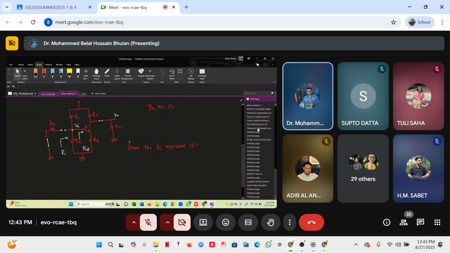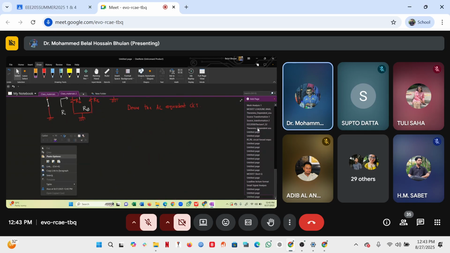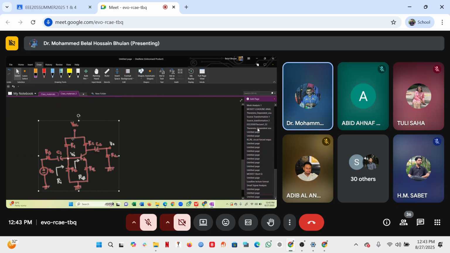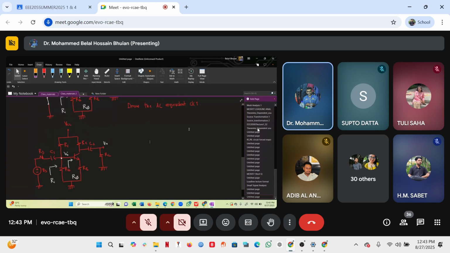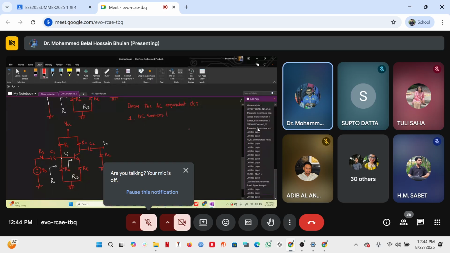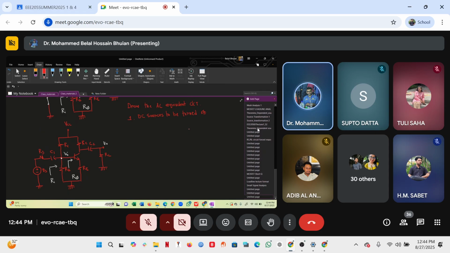Okay, again, let me draw the circuit. So first of all, the steps. Number one, DC sources to be turned off. That means we have DC voltage source, we may have DC current source.